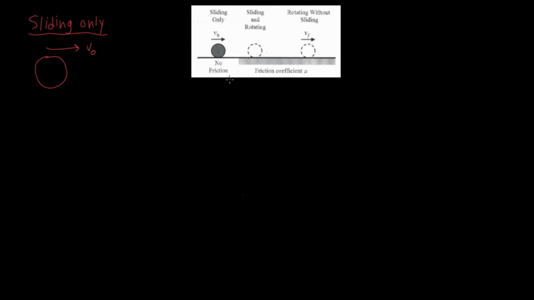Instead, the entire object will just translate forward with an initial velocity of v naught because the surface is frictionless. And so there can be no force to produce a torque to cause the object to rotate. And so the entire object just travels forward at an initial velocity of v naught.